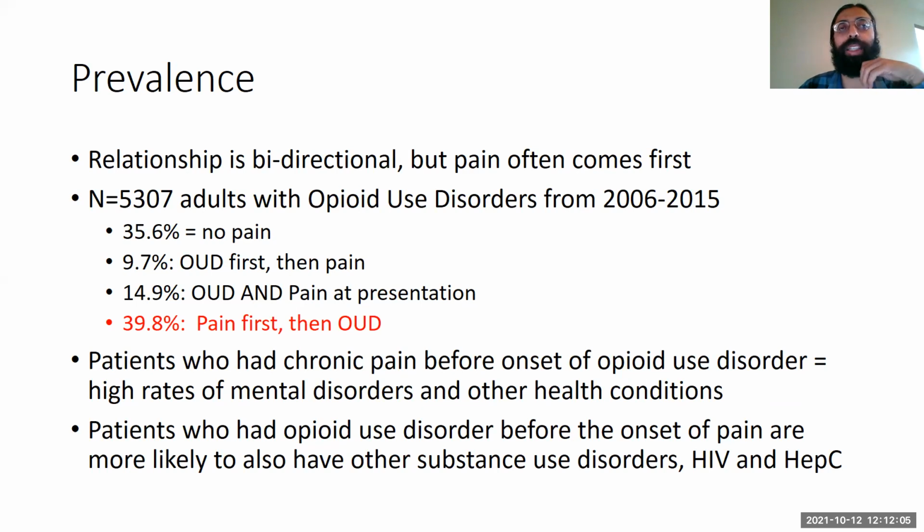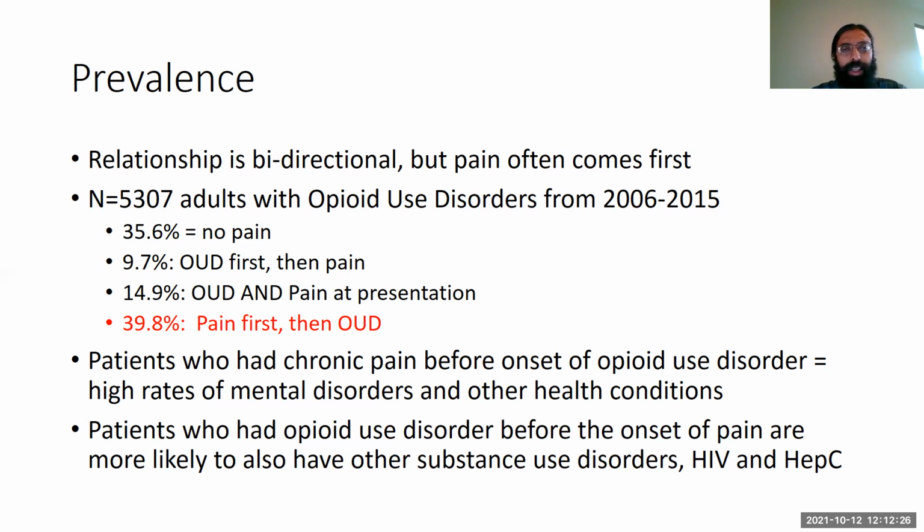And given that 40% number, it makes me think: could responsible pain management and stewardship of opioids in patients with chronic pain minimize that number and prevent some of these folks from moving on to develop opioid use disorder?